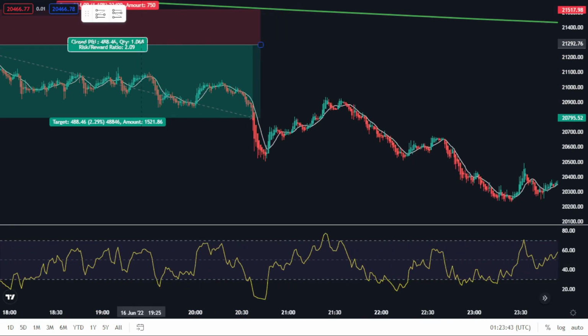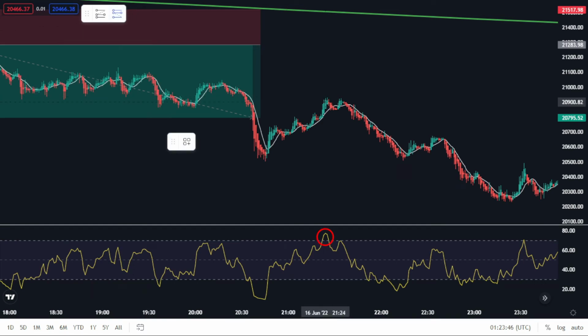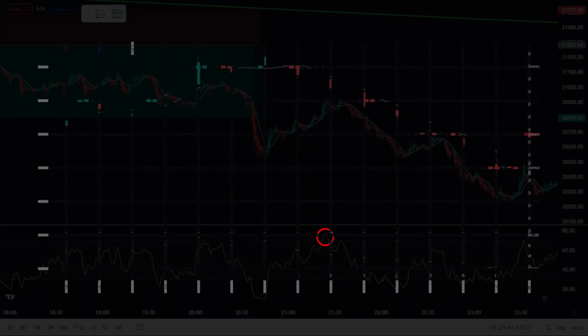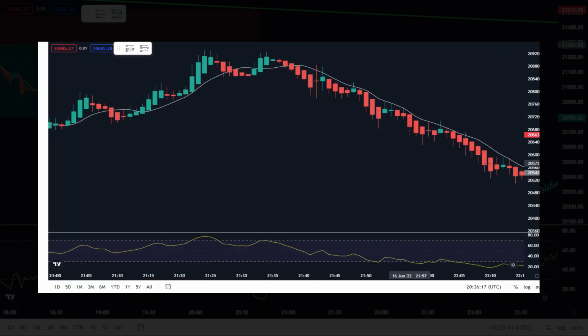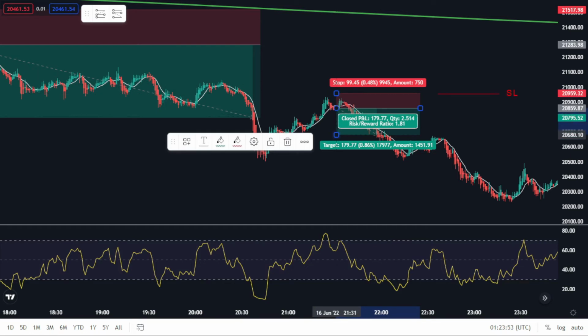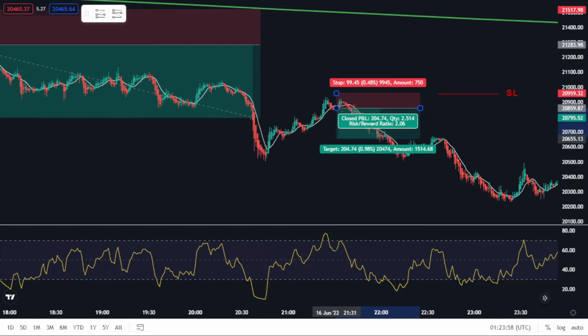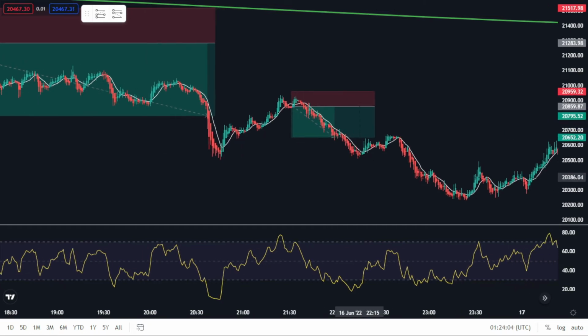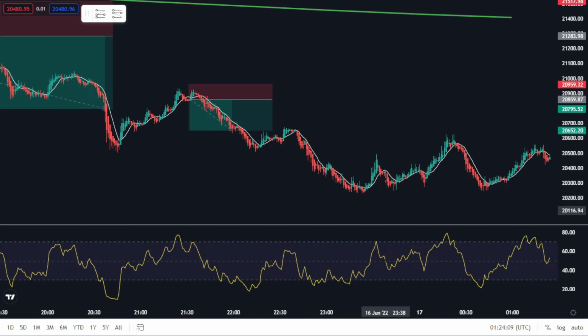Let's find another trade. Here we have a sign that the RSI is overbought. And after a couple of minutes, we find a red candle closing under our moving average. After that close, we enter the trade, putting our stop loss above this area and always targeting 2 times our risk.